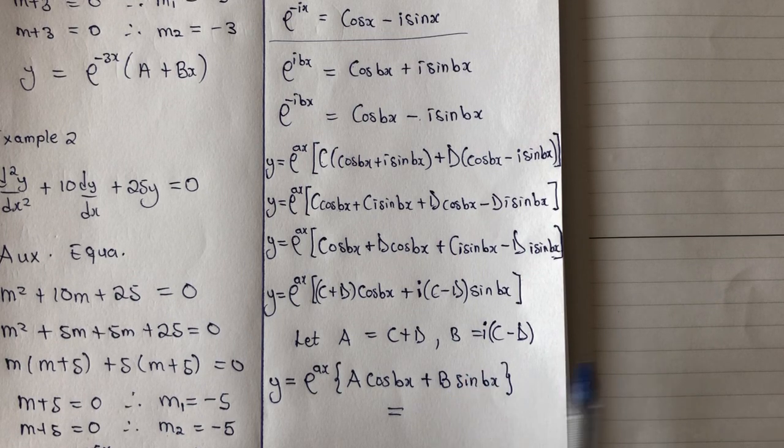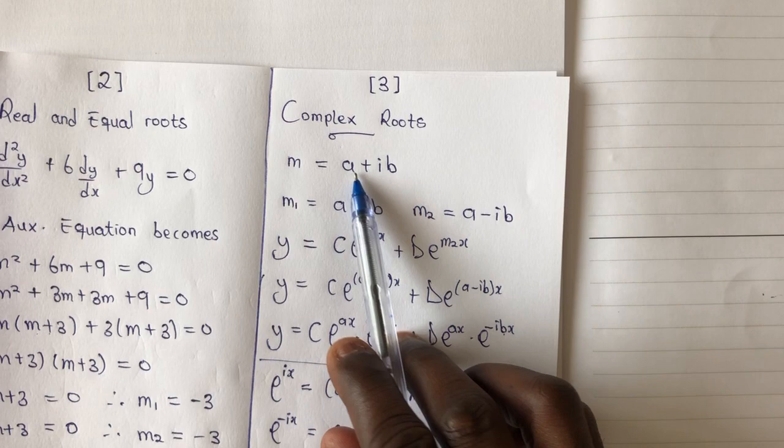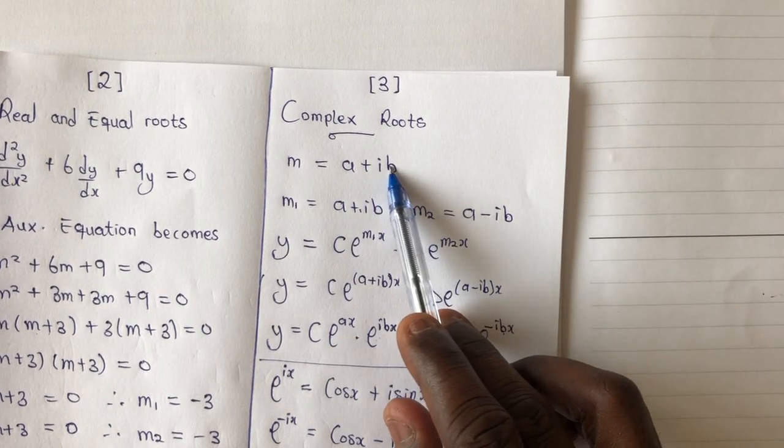Whenever you get a complex root, where this complex root has the real value and then the imaginary term.